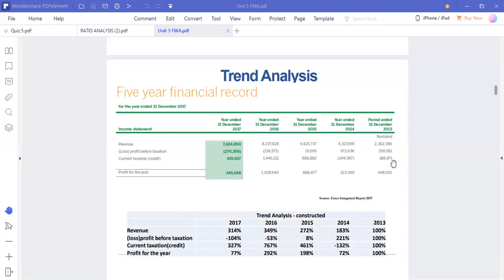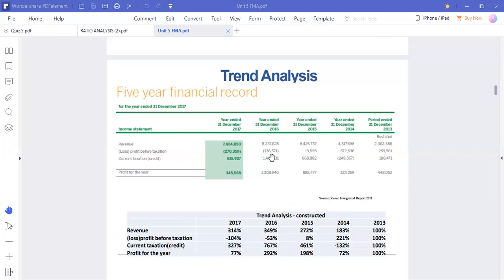We go to our profit before taxation. So 259 over 259 times 100 is 100%. 572 over 259 gives you 221. Here, however, the trend is going down. We have 19,000 over 259 times 100, and we have gone to 8%.